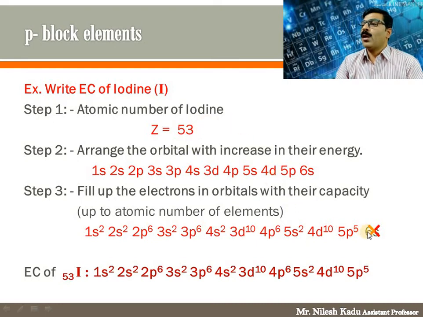And the remaining orbitals you have to ignore. Just here the 6s orbital you have to ignore. And the complete electronic configuration of iodine is 1s2, 2s2, 2p6, 3s2, 3p6, 4s2, 3d10, 4p6, 5s2, 4d10, 5p5, and the last electron enters the p orbital, so iodine is a p block element.